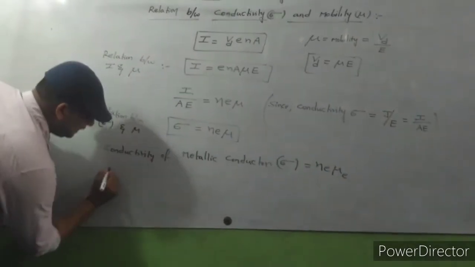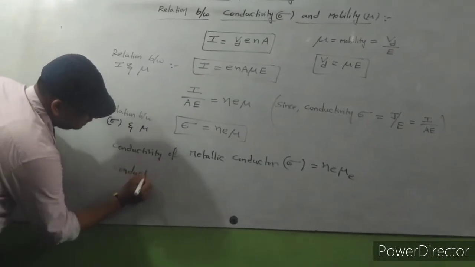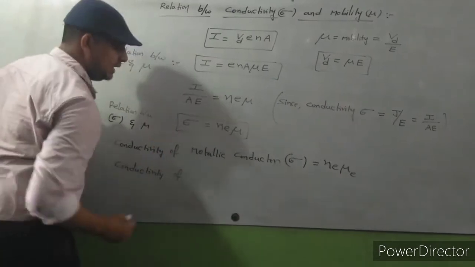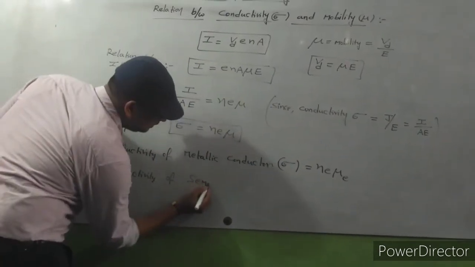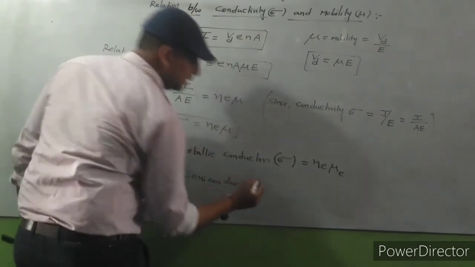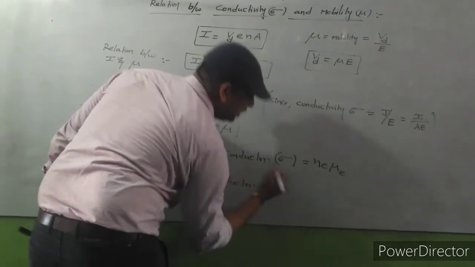So conductivity of semiconductor, sigma is equal to formula.